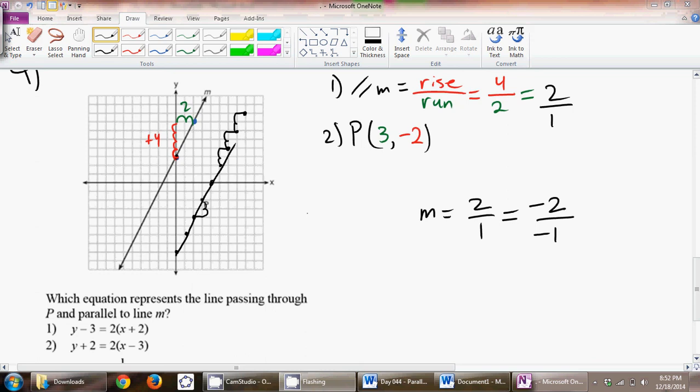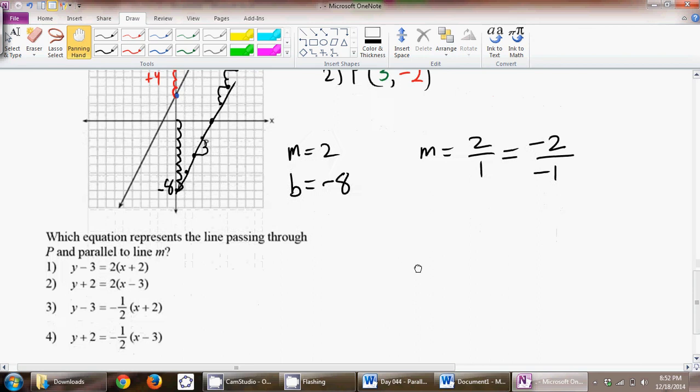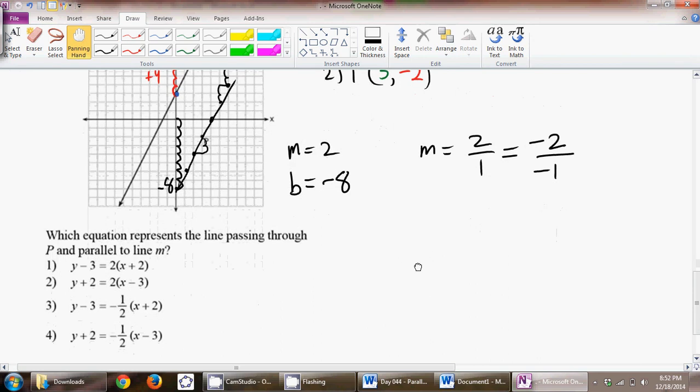So I know the line that I'm looking for has got to have a slope of 2, and its y-intercept has to be what? -1, -2, -3, -4, -5, -6, -7, it has a y-intercept of -8. So when I look at these multiple choice questions, I'm looking for an m equals 2 and a b value of -8.